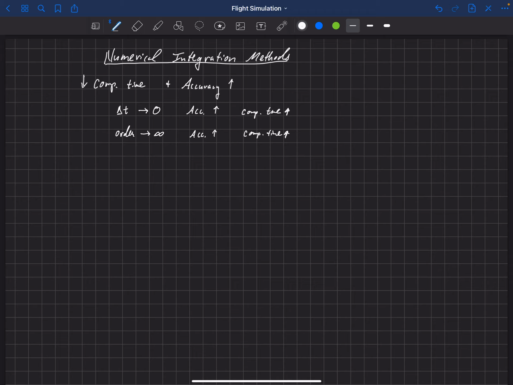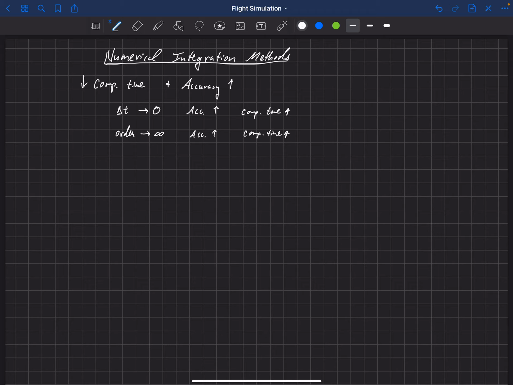So there's this challenge of how do we choose the time step and the order of the method in order to increase the accuracy and still keep computational time at a reasonable level.